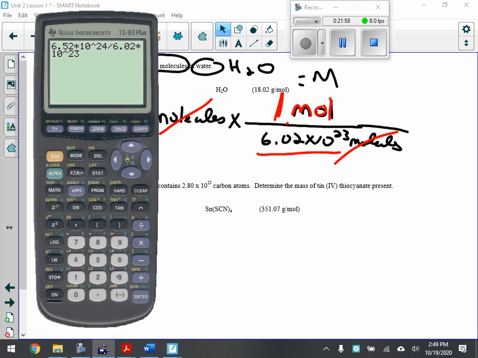Now, if you typed it in like that, you're going to get the wrong answer because we need to take the top number divided by the entire bottom number. Right now, if you type it in like this, you're taking the top number divided by this 6.02, then getting your answer, then timesing it by 10 to the 23.